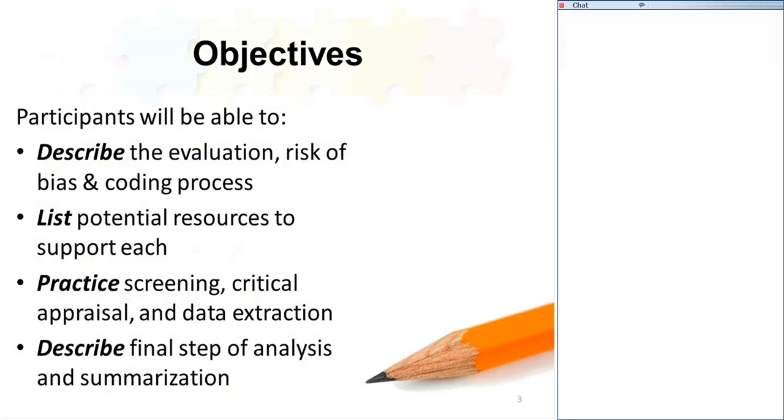Hopefully through your questions we can answer those, but one of the most important parts about this is, as you feel more comfortable with systematic reviews, to start to practice these, and you may even pick a topic of your own in librarianship that you want to do a systematic review on. That's a really great way to learn about these steps. And then finally, we'll talk about the analysis and summarization step of reviews.